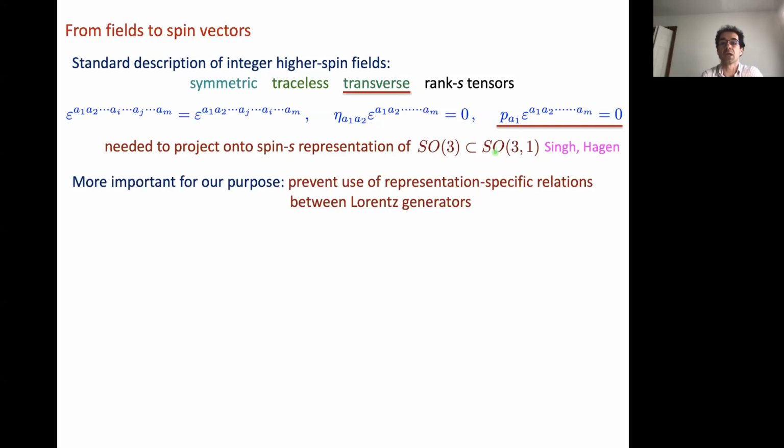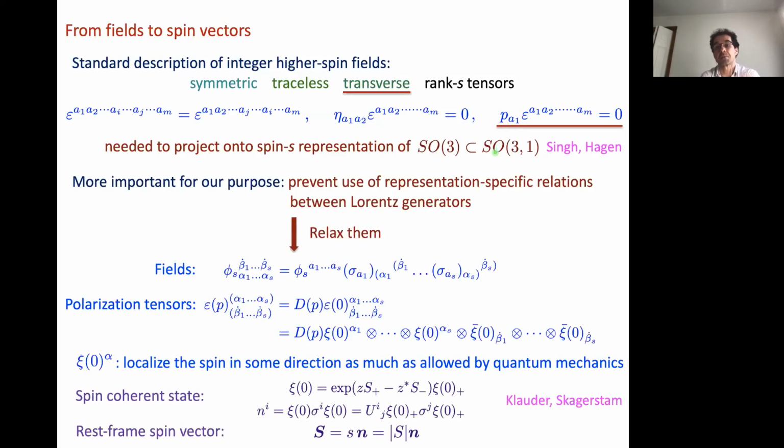So for us, what is more important is to prevent the use of relations between Lorentz generators, which stem from the fact that Lorentz generators can be in a fixed representation. Because of this, we're just going to relax the transversality condition. So our fields will be unconstrained as far as transversality goes.